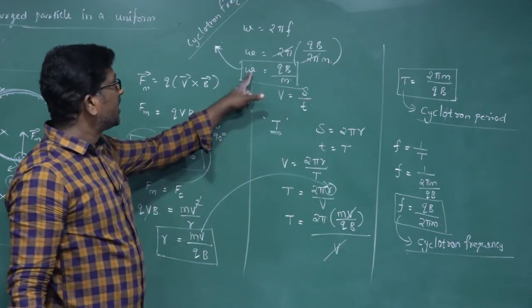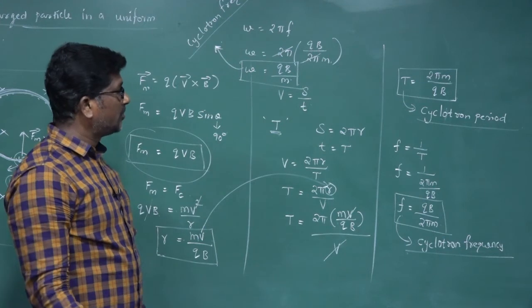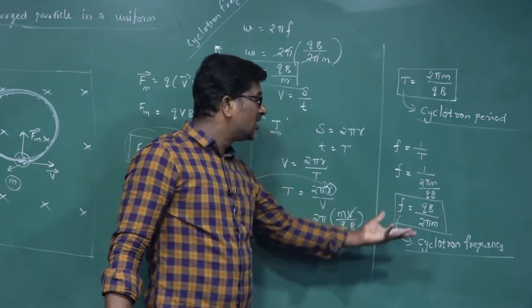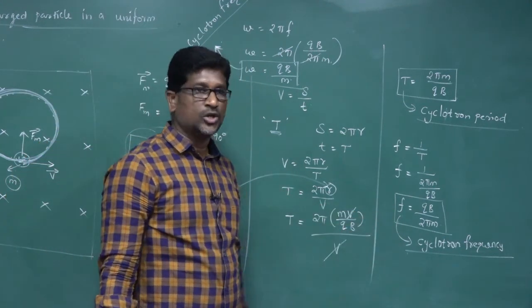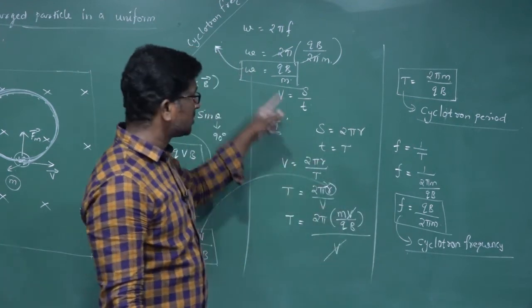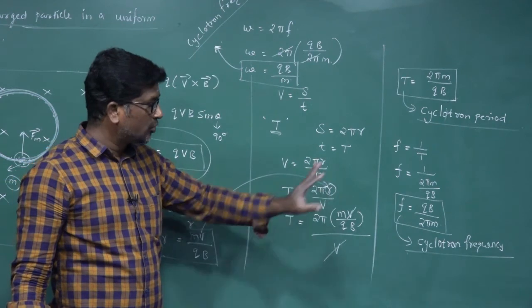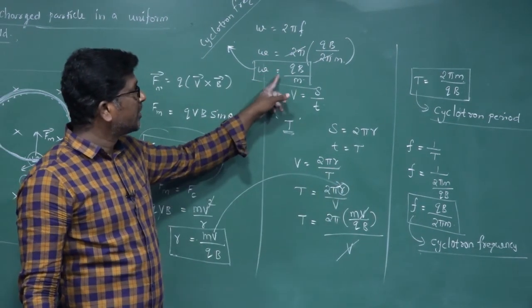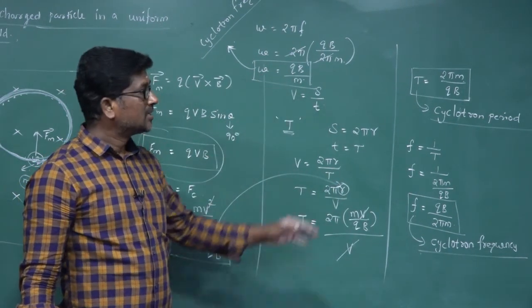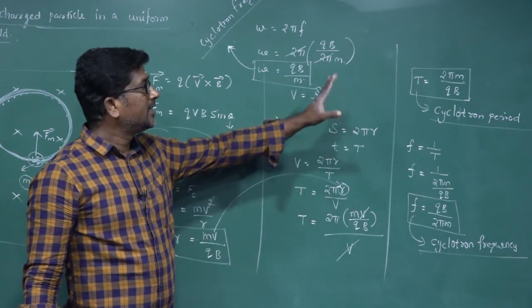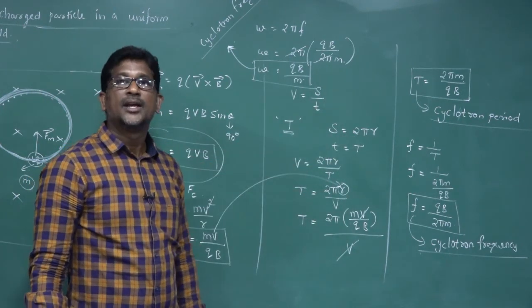Right? But omega is the angular frequency of the charged particle, and f is the linear frequency, or simply the frequency of the charged particle. Both equations are called the cyclotron frequency. The cyclotron frequency is f equal to qB divided by 2 pi m, or otherwise omega is equal to qB divided by m. The cyclotron period is given by T is equal to 2 pi m divided by qB.